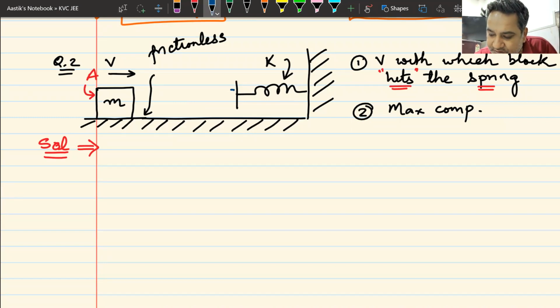This blue position is the position when it is hitting the block. So let me call this position when it is hitting the block as position B. It is moving here with some velocity. Then let me call this position as position C.